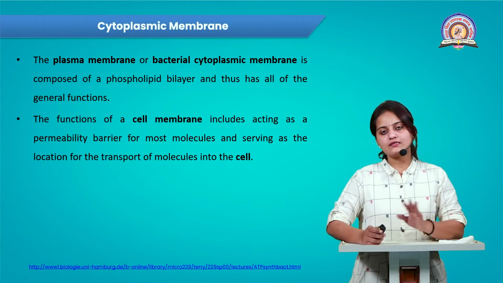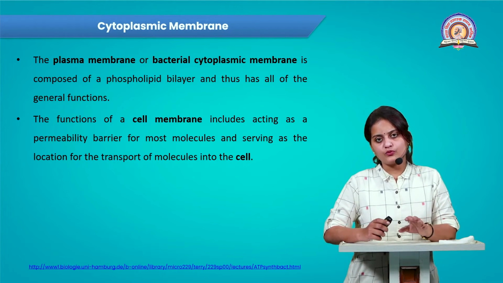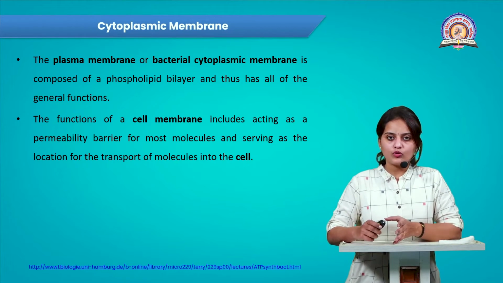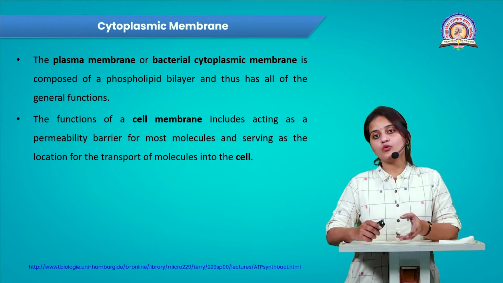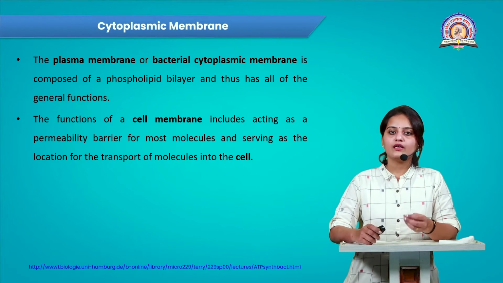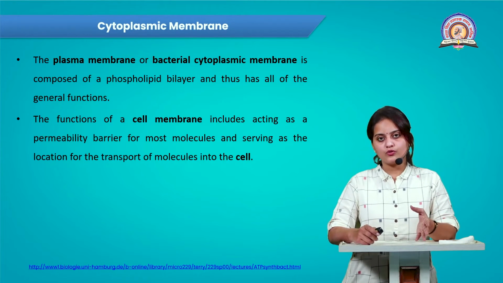Now let's discuss the function of the semi-permeable membrane. Suppose we have one solution which contains very little H2O and a very high amount of sugar molecules, and on the other side very low sugar and very high H2O.